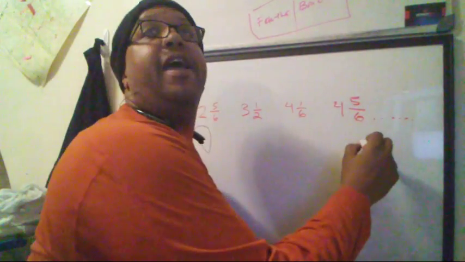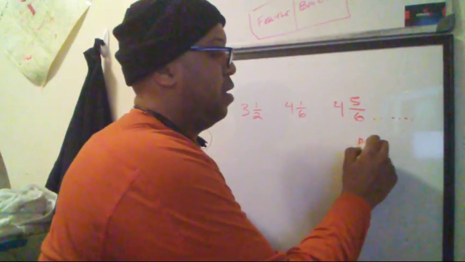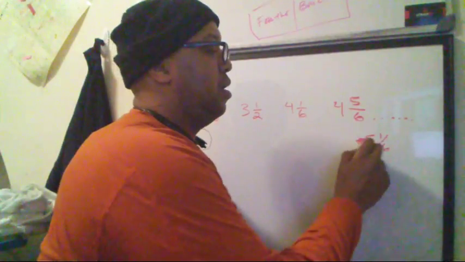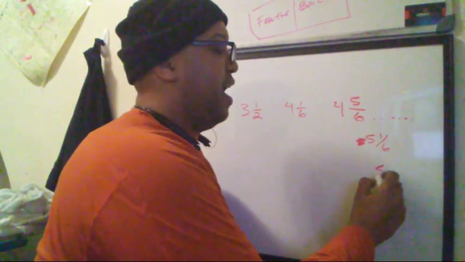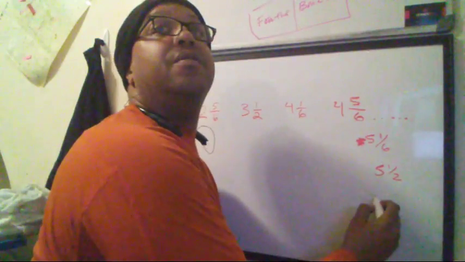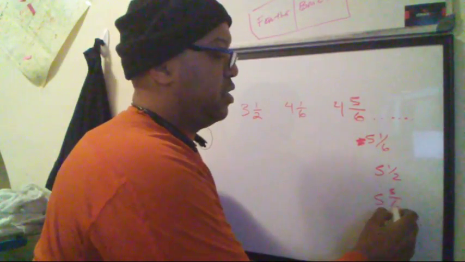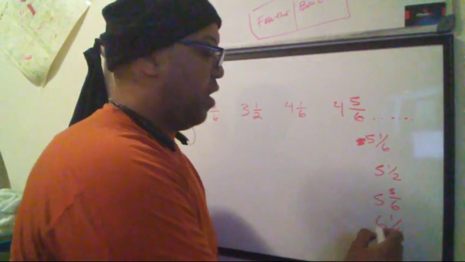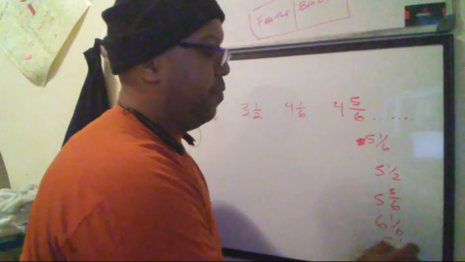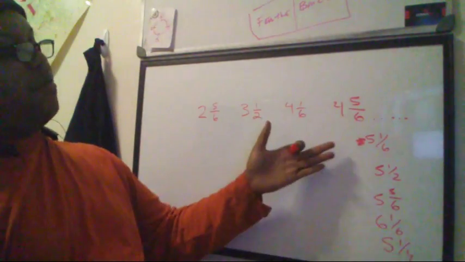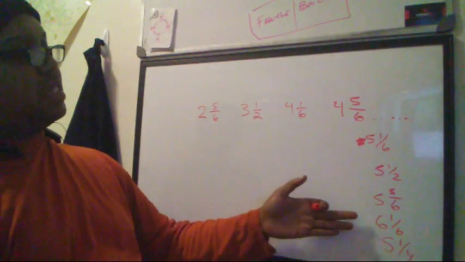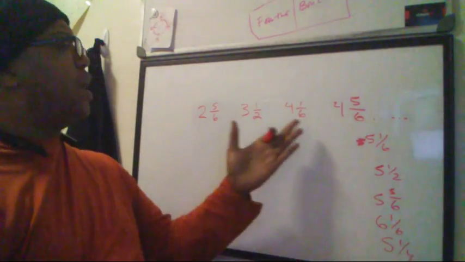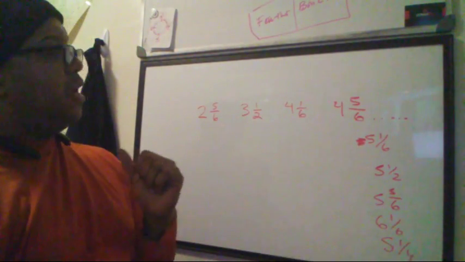And the answer choices are as follows: 5 and 1/6, 5.5, 5 and 5/6, 6 and 1/6, and finally 5 and 1/4.